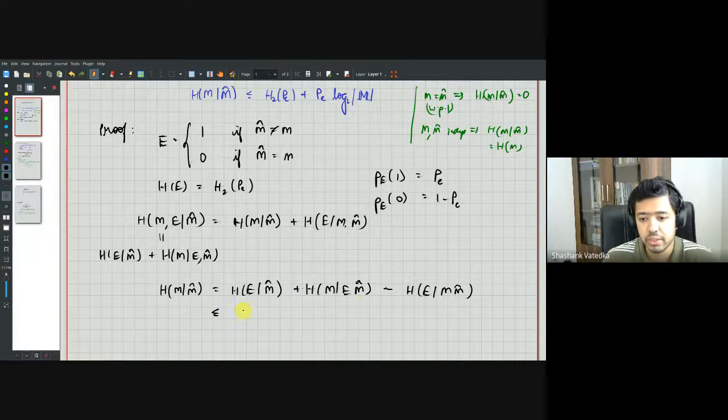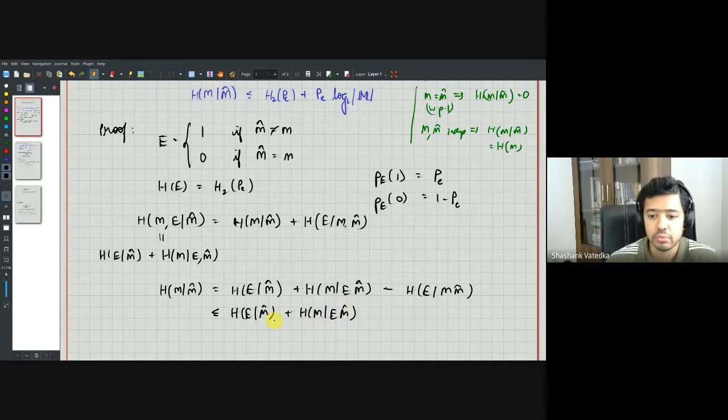What can you say about this? I claim that this is equal to h of E given M hat plus h of M given E comma M hat. Why is this true?